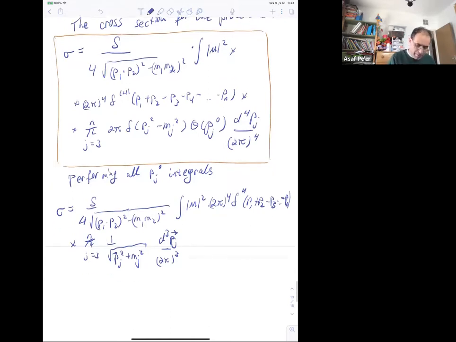And again, pj0 is just the square root of the pj vector squared plus mj squared, every time we see it, whether it's inside the delta function or inside the M.